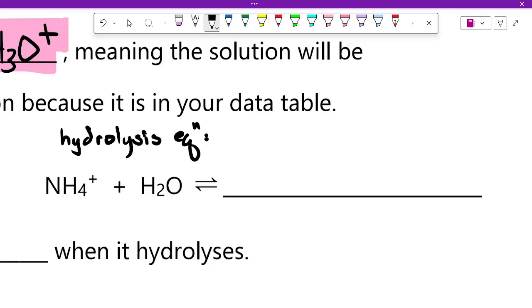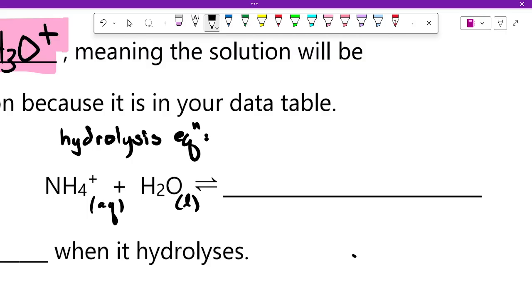The reaction of the ion with water. Okay, so we have NH4 plus, we have water.